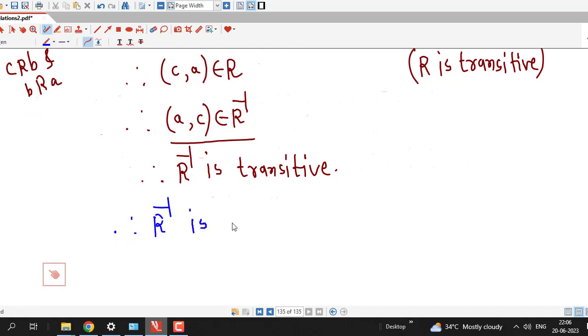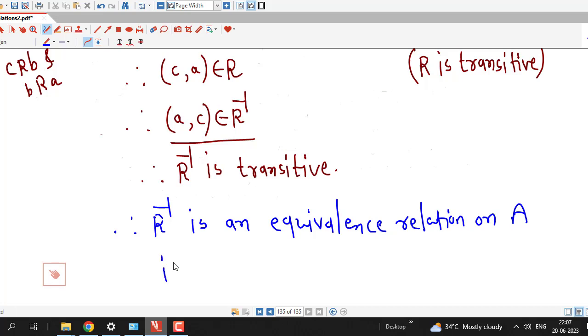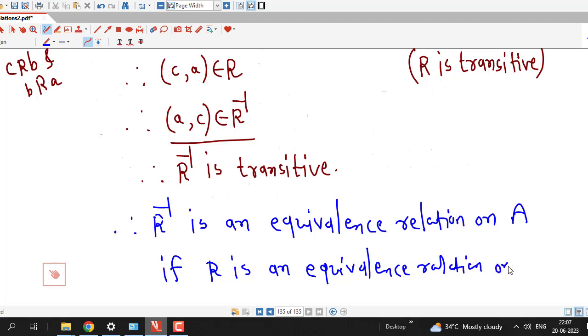Therefore R inverse is an equivalence relation on a set A if R is an equivalence relation on the same set. If R is an equivalence relation, then R inverse is also an equivalence relation on a set A.